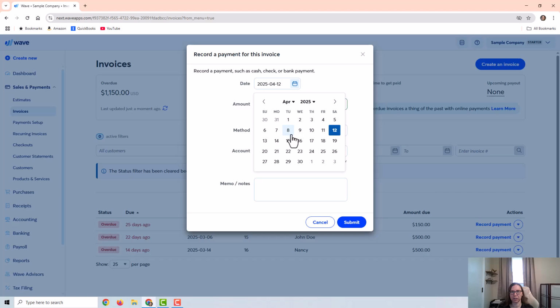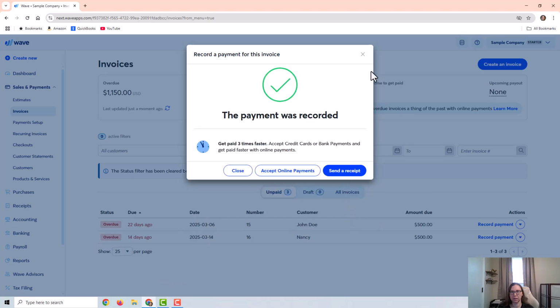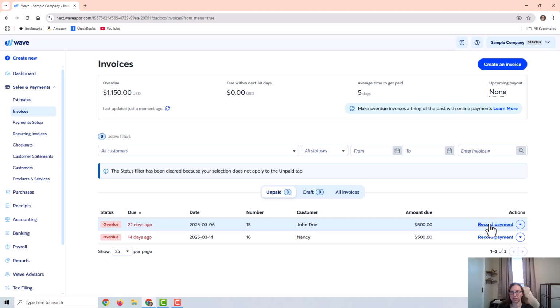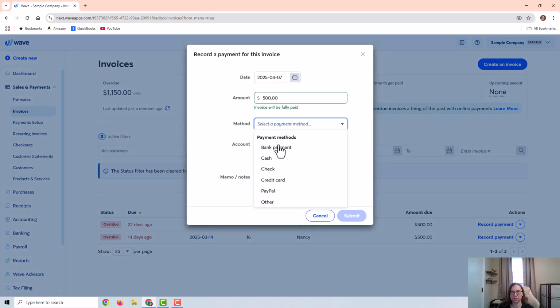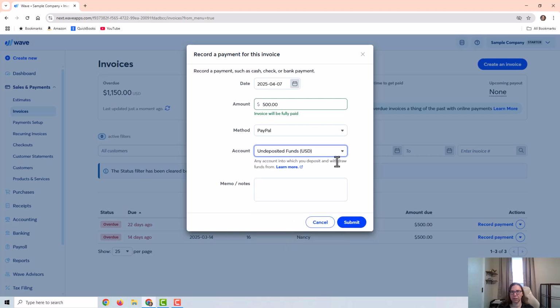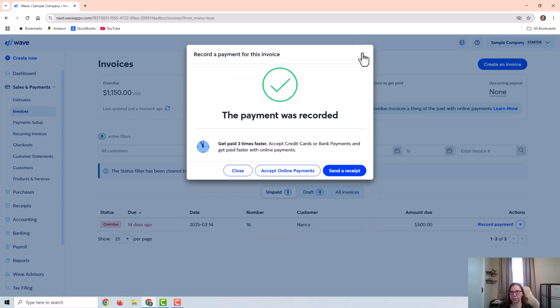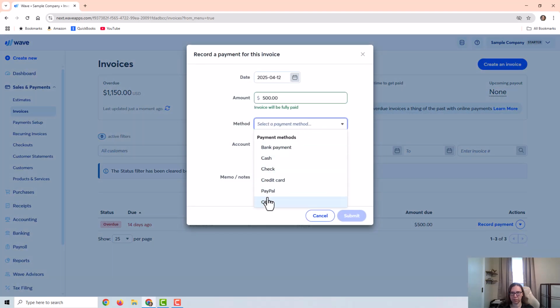Actually, I'm going to change the date. And let me record the other two payments. Same thing. Account would be Undeposited Funds. And I'm going to record the last one.